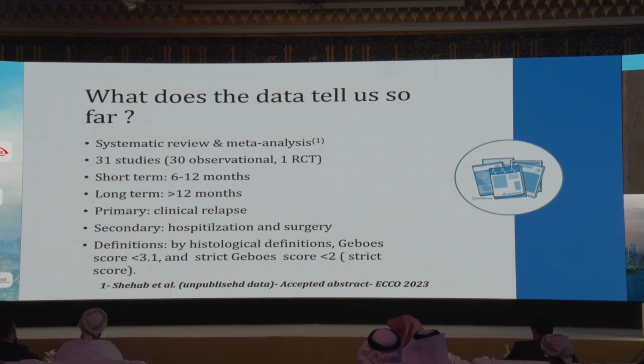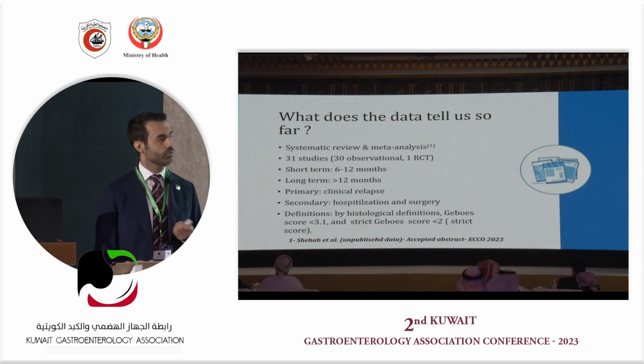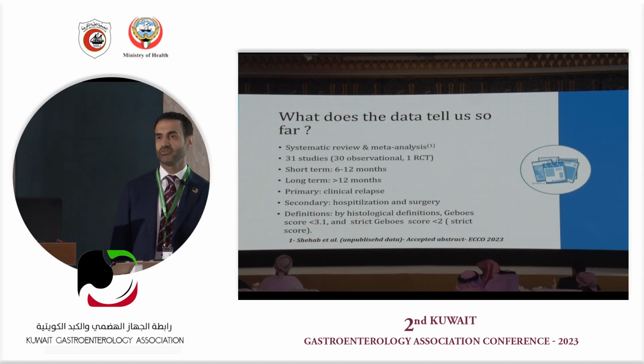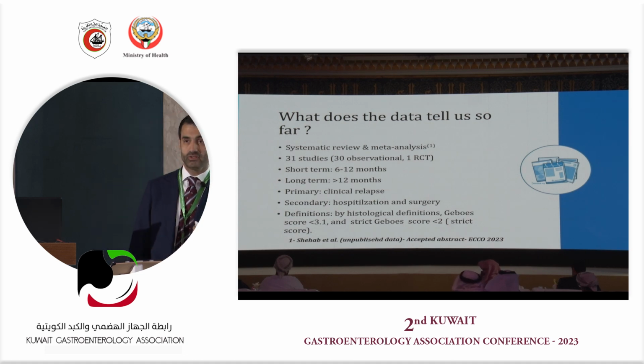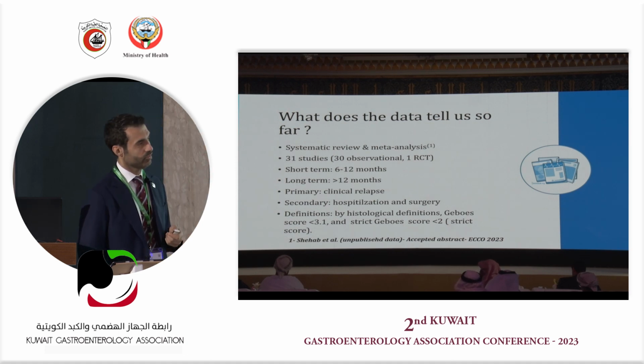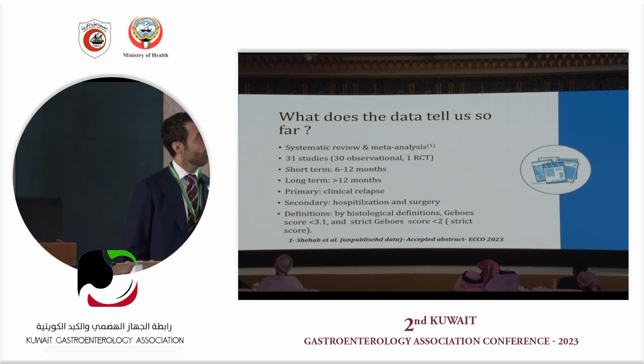The primary outcome was clinical relapse. Secondary outcomes were hospitalization and surgery. We defined histological remission by histological features, like absence of erosion and ulceration, and by Geboes score, using both a Geboes score less than 3.1 and a strict Geboes score less than 2.